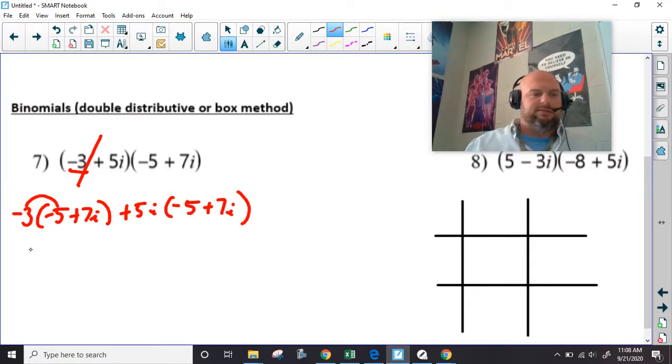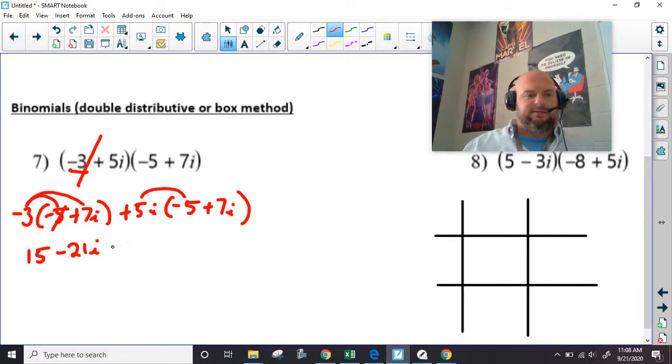So -3 times -5 is 15. All right, this is -21i. All right, that one's done. So we have 5i times -5, so we have -25i. And then 5i times 7i. This gives us plus 35i squared.